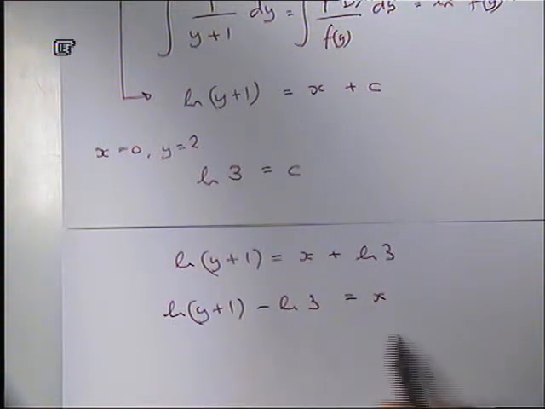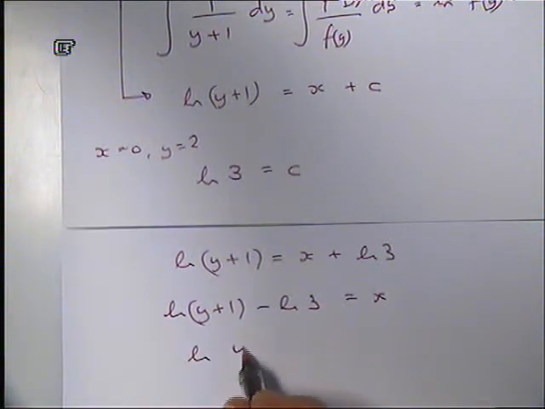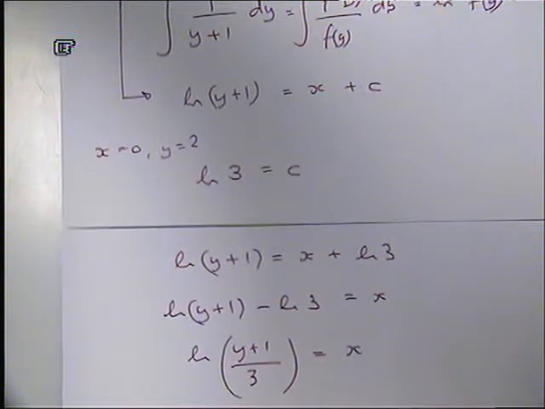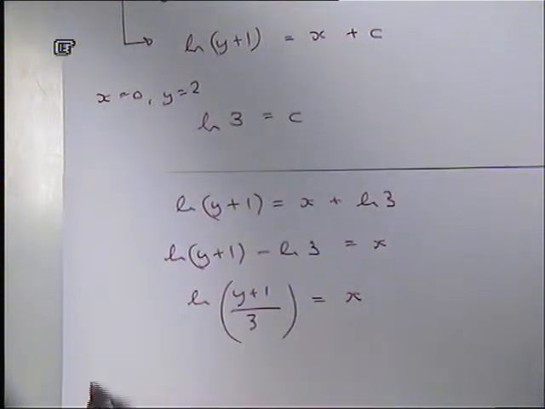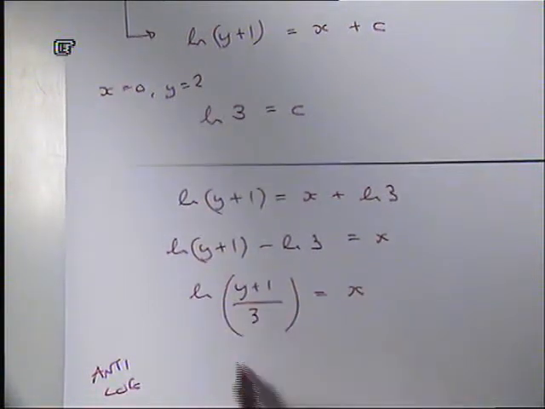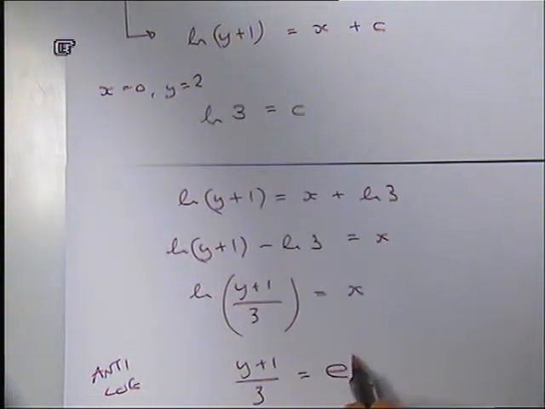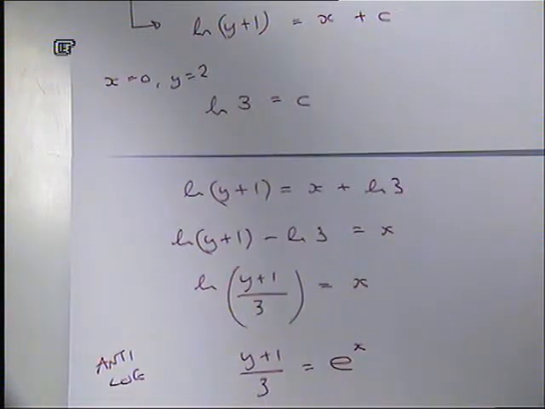Log of something minus log of something, how can you combine that? Yeah, log of the first thing divided by the second thing. Now log is only written down once. That's an improvement. So now, if you just anti-log both sides, on the left, the log will disappear. On the right, you'll get e to the right-hand side.